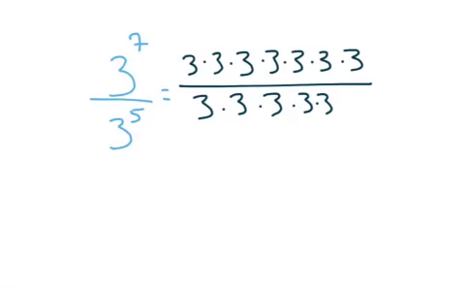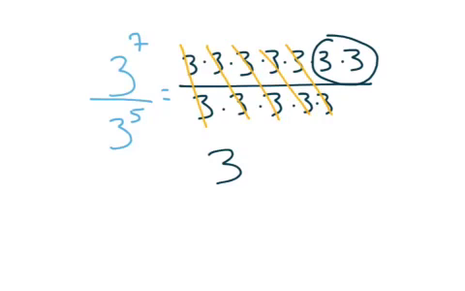Once you have that, you could cross off what you have in common. So here I have 1 in my numerator, 1 in denominator, again, again, again, and 1 more time. So all I'm left with is my base of 3. And how many times does that repeat? Well, in this case, it repeats 2 times. So 3 to the 2nd power would be my final answer.